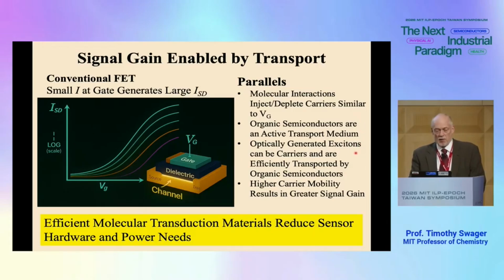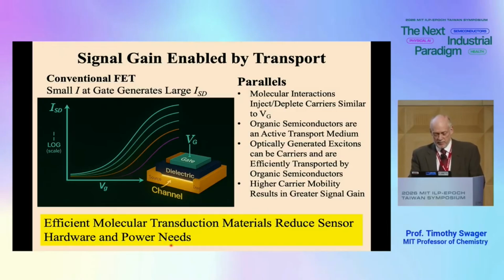I'm also going to talk about excitons, which are optically generated quasi-particles, and their transport, not just holes and electrons, but excitons, and show you how they can be useful to create a signal gain. In general, the faster or more readily things move, the bigger the signal gain, just like if you have a higher mobility semiconductor, you can make a higher performance transistor.